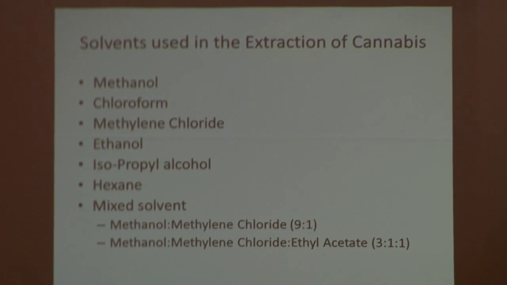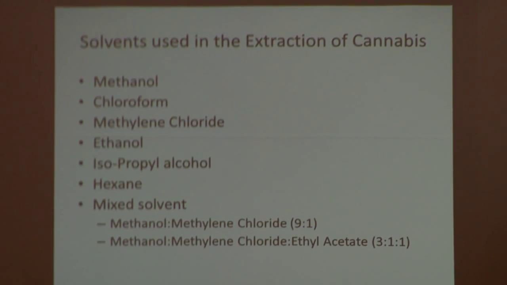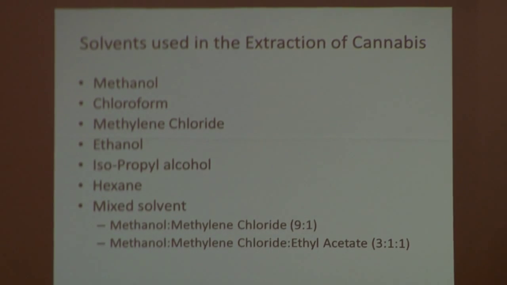Now, in doing extractions of cannabis, several different types of solvents have been used in history. The most common solvent is probably either methanol or ethanol.